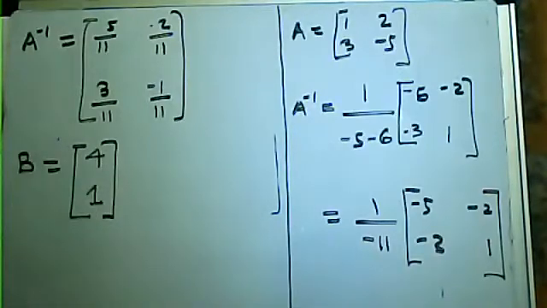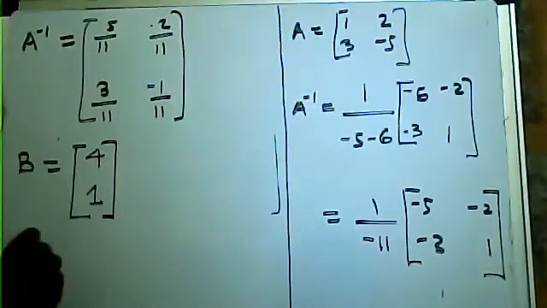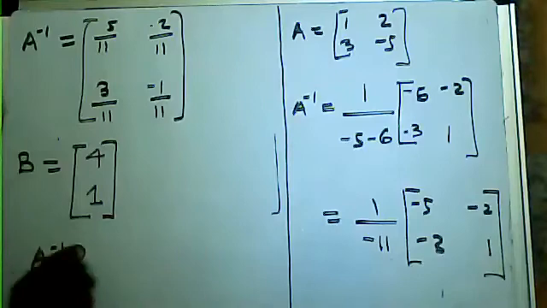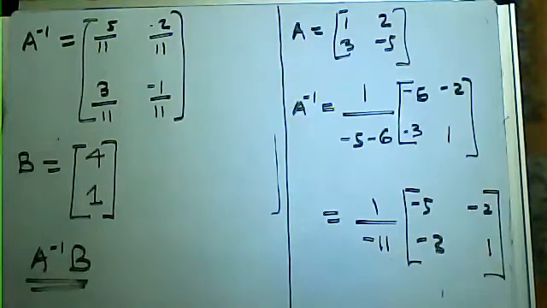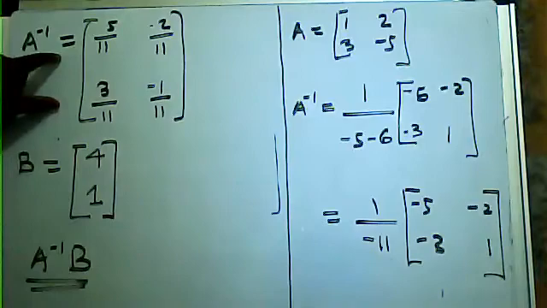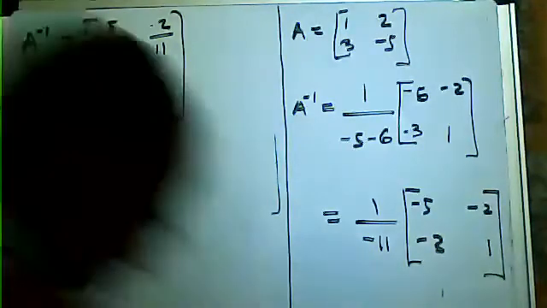So now we are supposed to say A inverse multiplied by what? B, which means we multiply this matrix by this one.